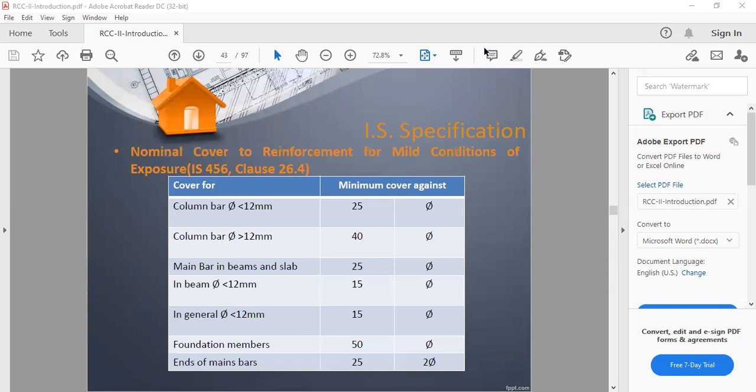Now for the nominal cover, this is all according to IS 456 clause 26.4. If the column bar is less than 12 mm, in that case the minimum cover should be 25 mm, while if the column bar has more than 12 mm diameter, then the minimum cover has to be 40.